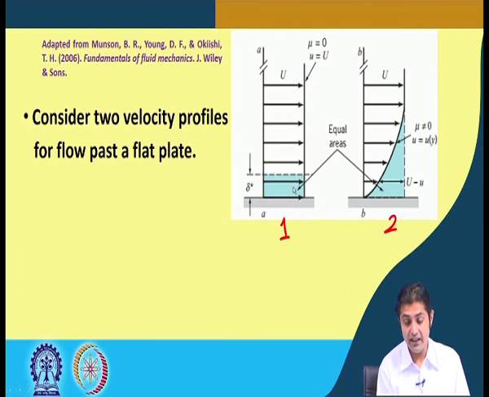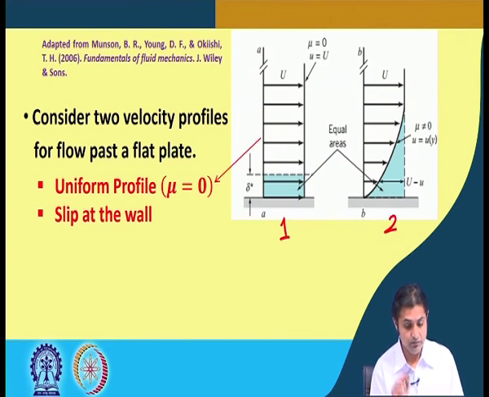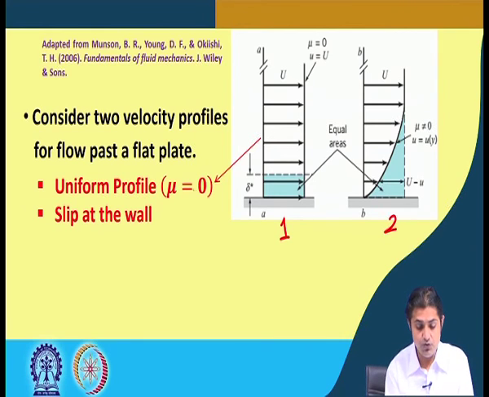I will explain these terms as they come. So, this is a uniform profile, where mu is 0. So, there is no viscosity, and there is going to be slip at the wall, this place. Okay. Here there will be no slip condition. Okay.